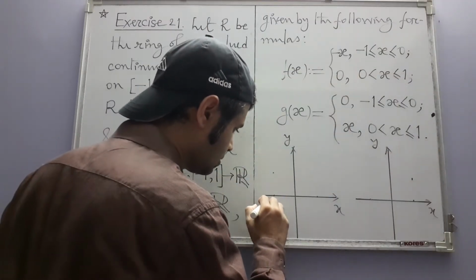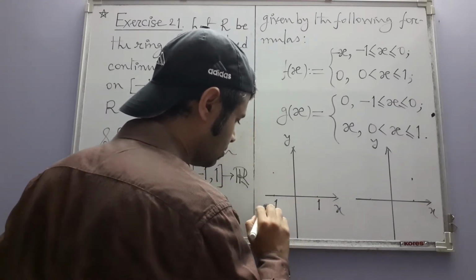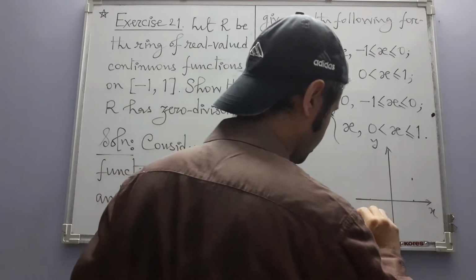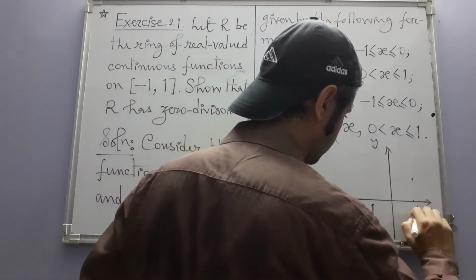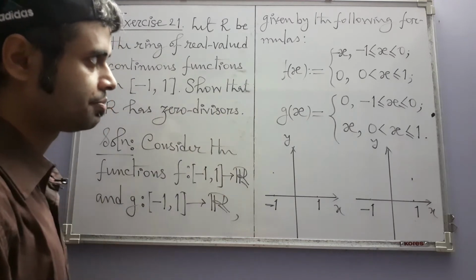Okay, so this is minus 1, this is 1, this of course is 0, the origin, minus 1, 1. So let us first of all look at the graph of f.